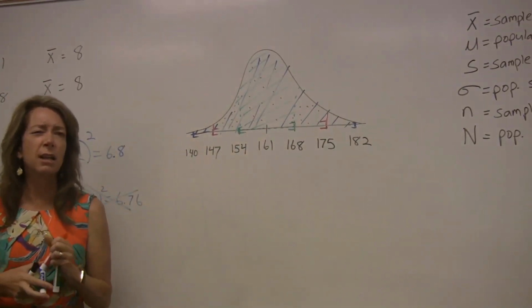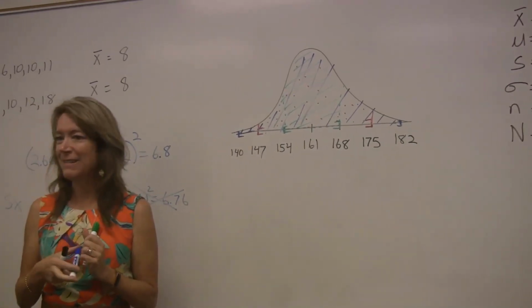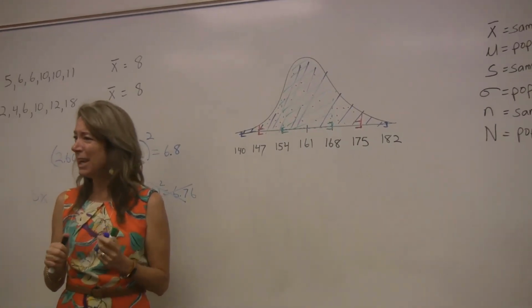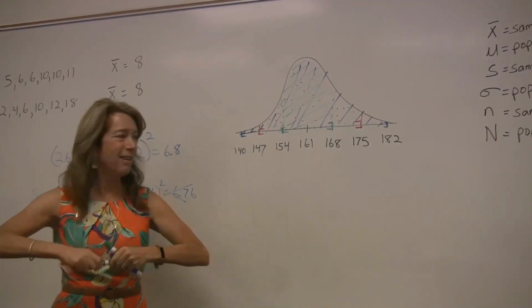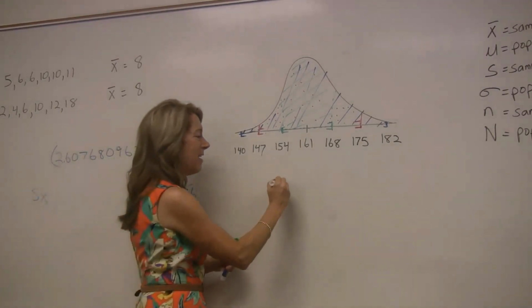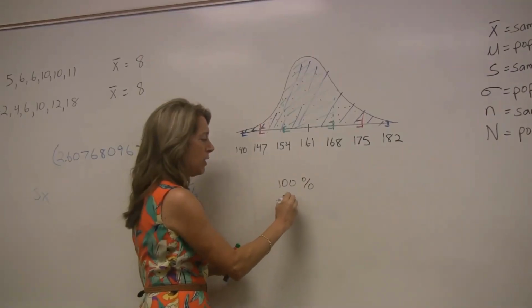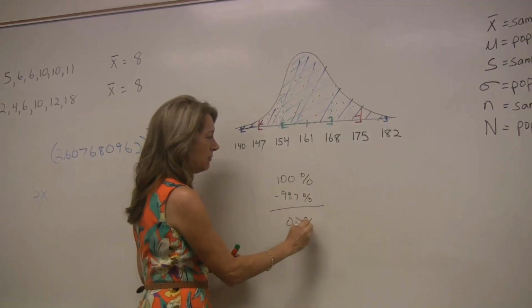What percent are not in there? I'm hearing 0.3%? Yeah. Where are we getting 0.3? It's what's left from 99.7. You think 100% is all women. If you subtract 99.7%, you're left with 0.3%.